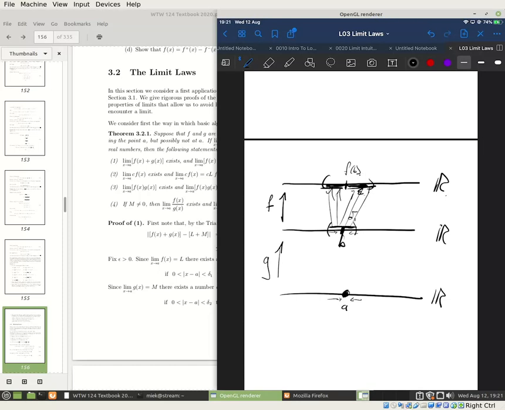Why don't we use this delta 1 as the epsilon in the definition of g to construct a delta 2, so that the delta 2 interval around a is such that everything in this interval maps into this delta 1 interval. And if you chain it all together, everything in this interval maps in here, but everything in here maps into that interval. So that is what we will do.